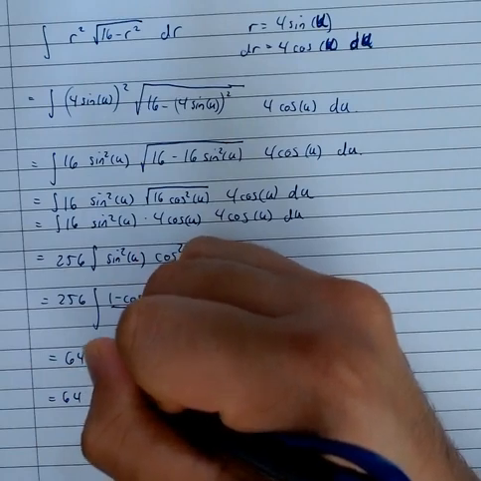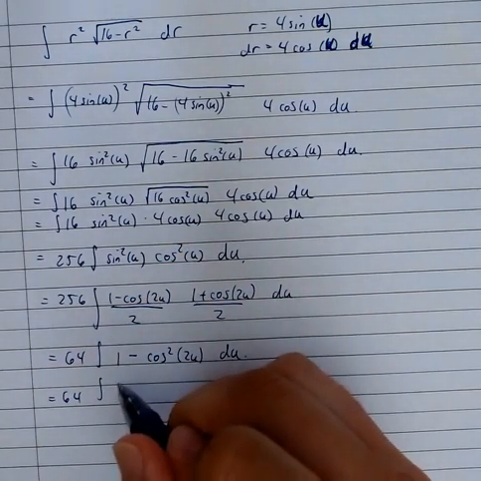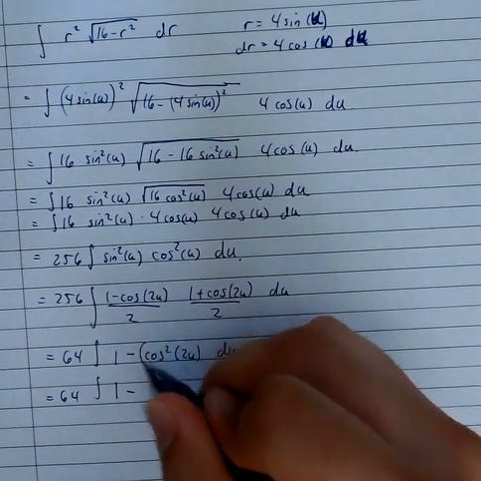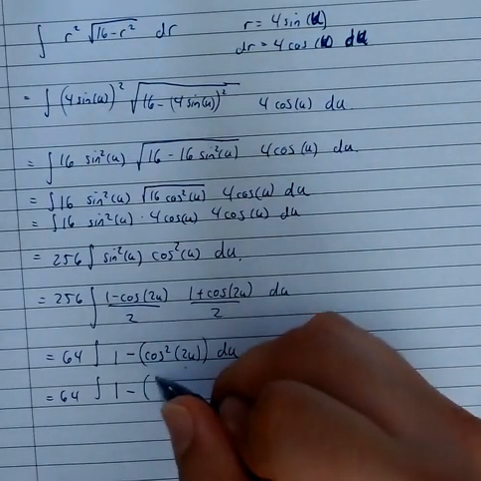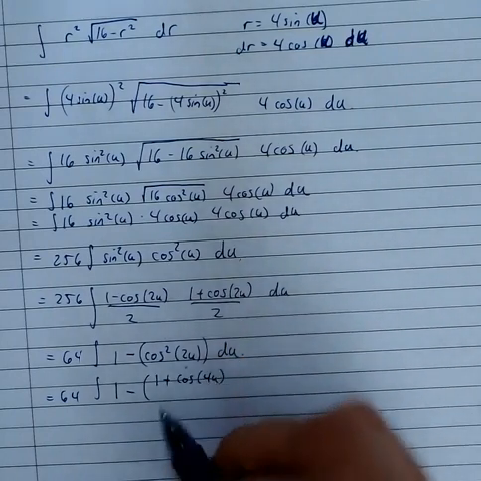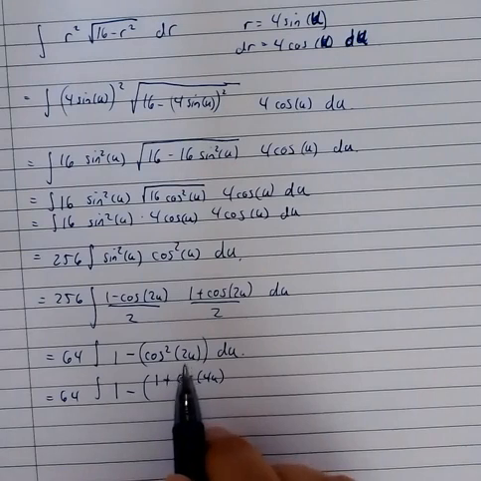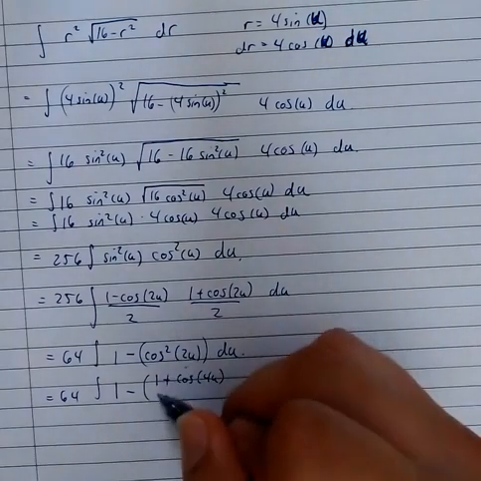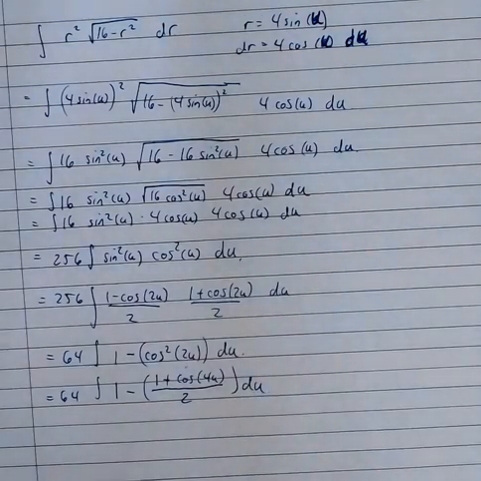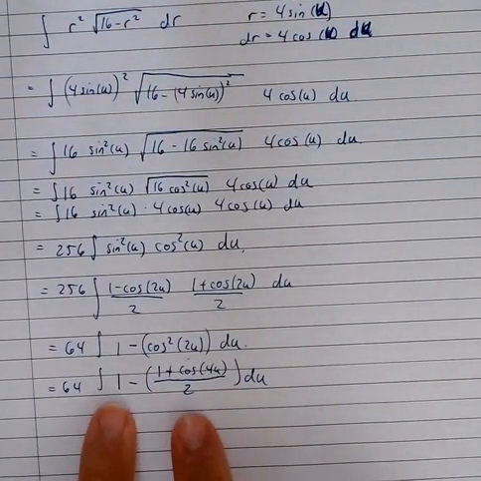This is now going to be 64 times the integral of 1 minus, here, this cosine squared of 2u is going to become 1 plus the cosine of 4u. Remember, whenever you use the power reduction formula, your power reduces by 1, but then your argument doubles. All over 2 du. Here, I can go ahead and combine my like terms.